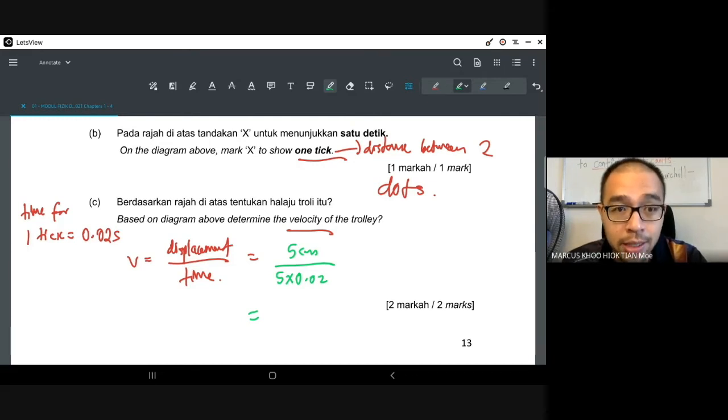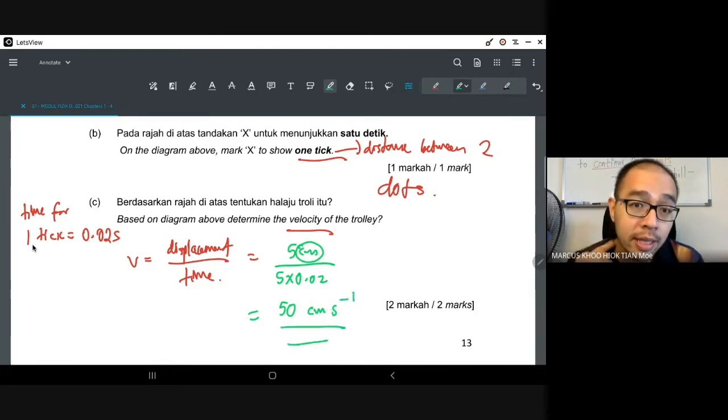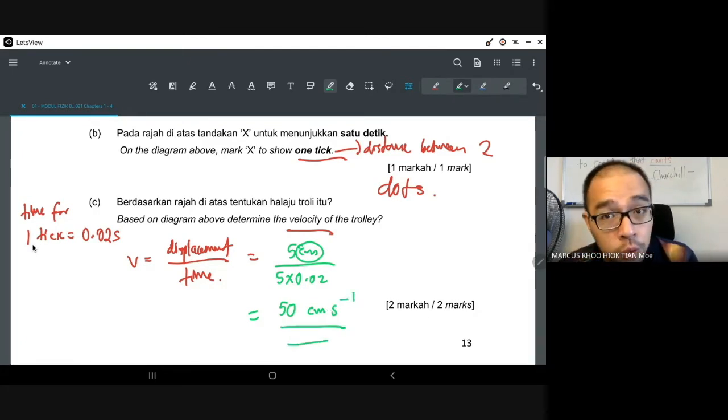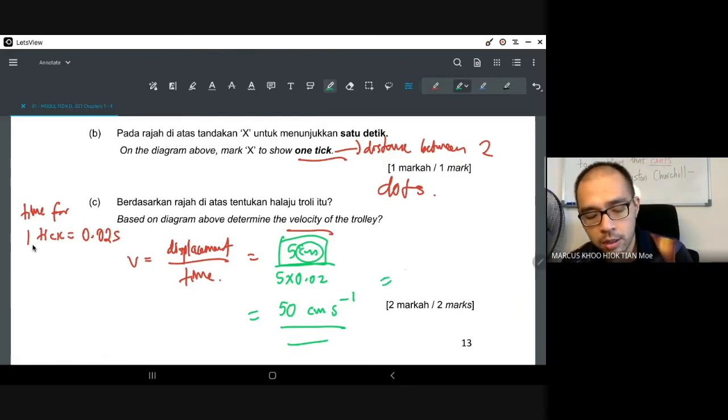When you calculate this, I think you will get 50. Because we're using cm, the unit is cm per second. If you want meters per second, make sure you change the 5 cm to meters. It doesn't make any difference; you still get the same answer, just a different unit. You get 0.5 meters per second.